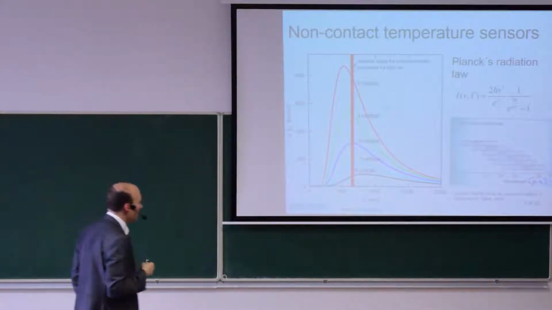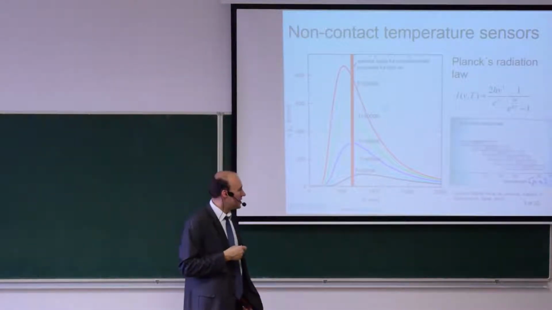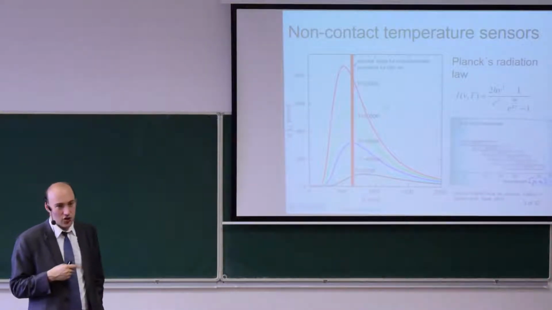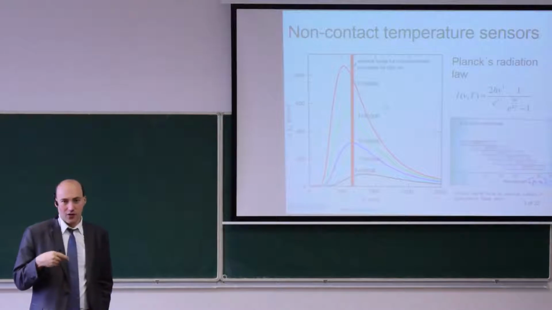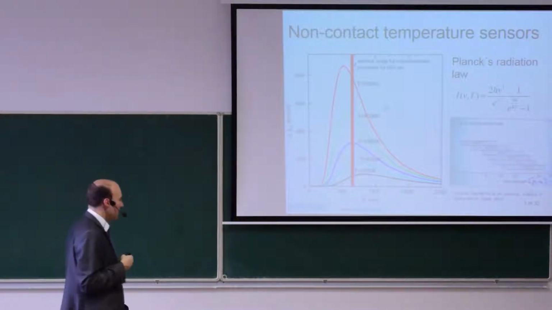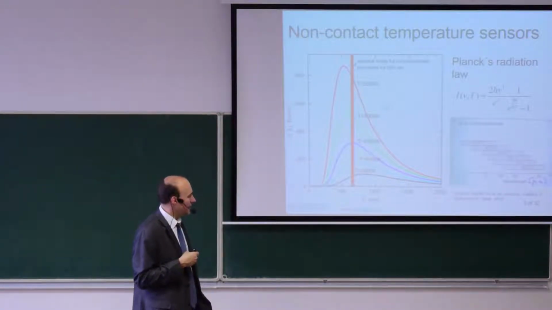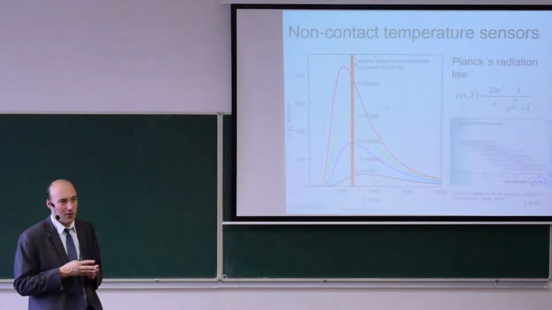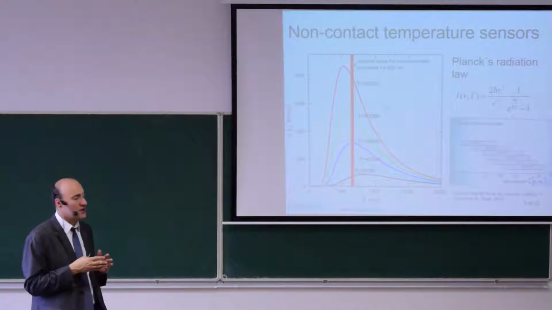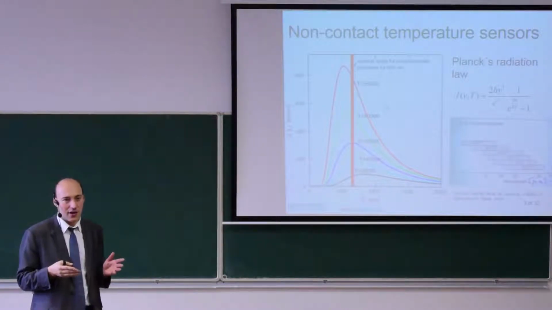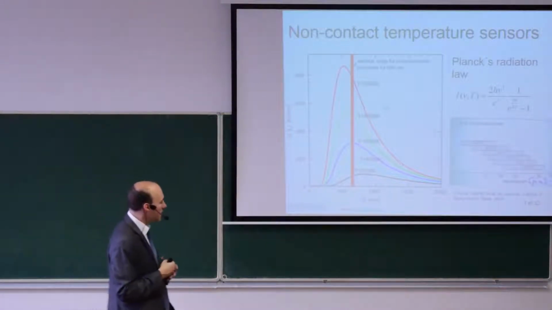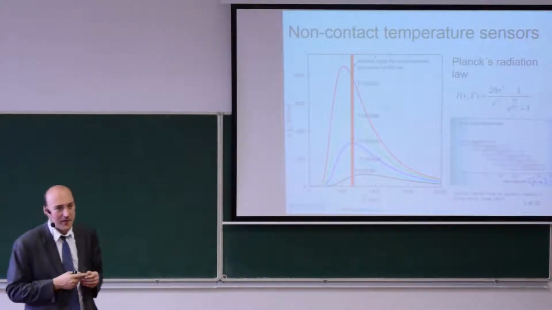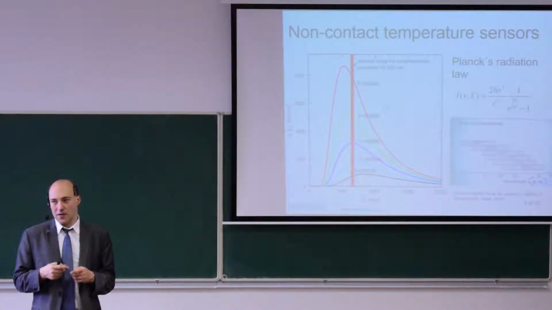The reason why I'm explaining it here is that it has a very important relation to measurement of non-contact temperature. The point is that if you want to measure objects with relatively low temperature, let's say around 0 centigrades, 100 centigrade, so let's say normal room temperatures, the emitted energy is very far in the infrared spectrum.